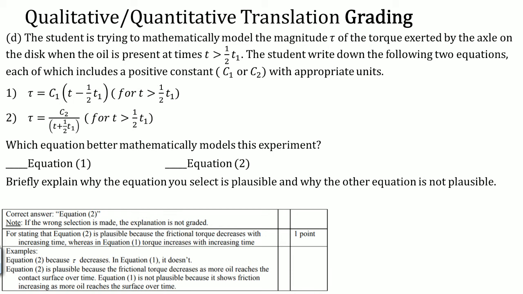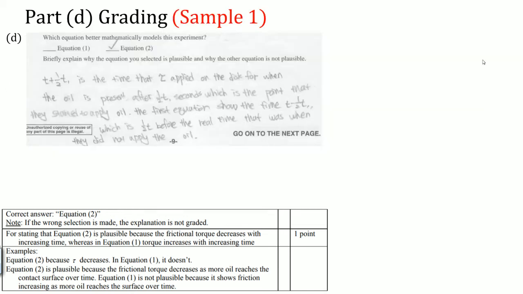Notice that the correct answer is equation 2, but if the wrong selection is made, the explanation is not graded. So you have to select the correct equation for it to be graded. Here it says equation 2, so now they can still grade it.